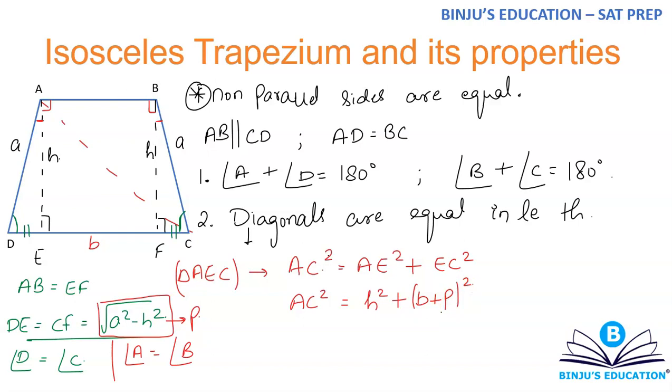And similarly, when you go for BD, you can again say that BD square is nothing but BF square plus DF square. So BF will be equal to H square, and DF is again made up of two things, DE and EF, that is again B plus P whole square.